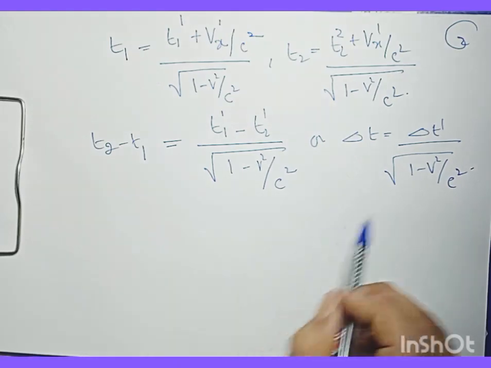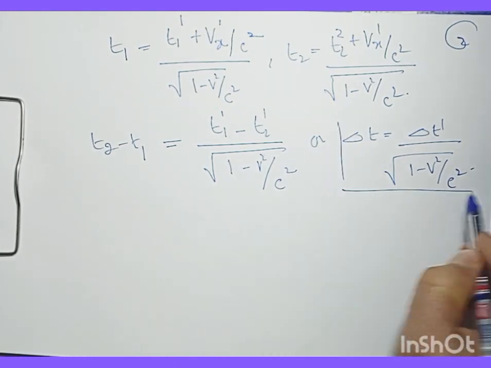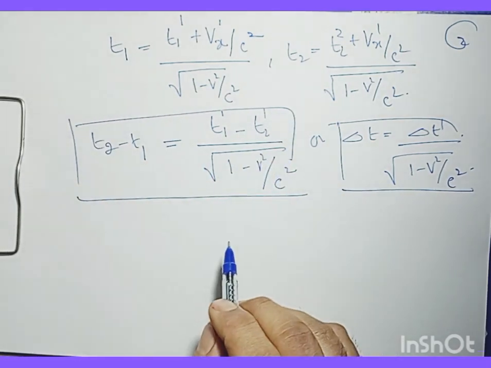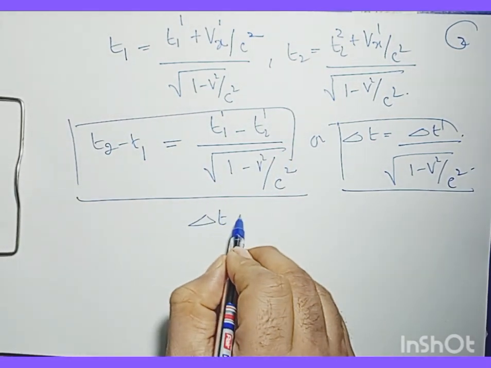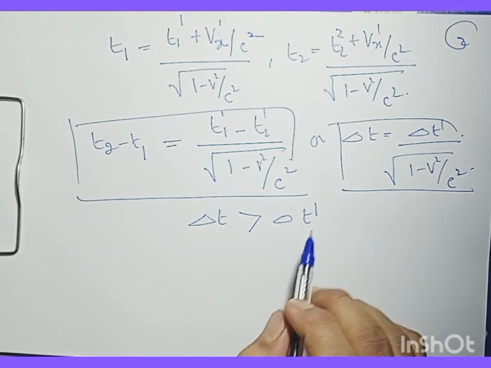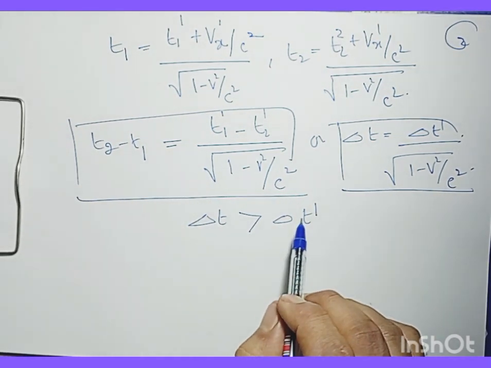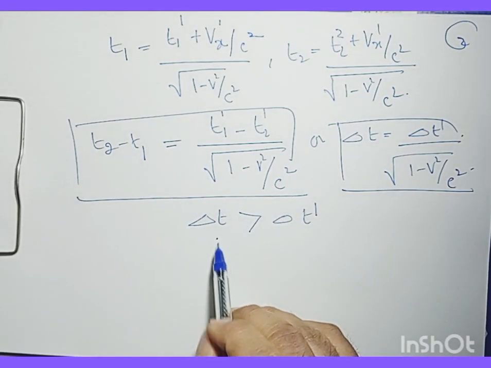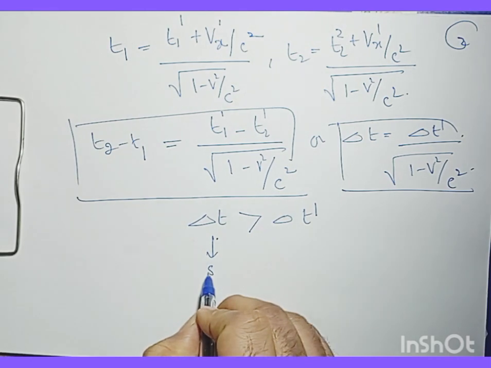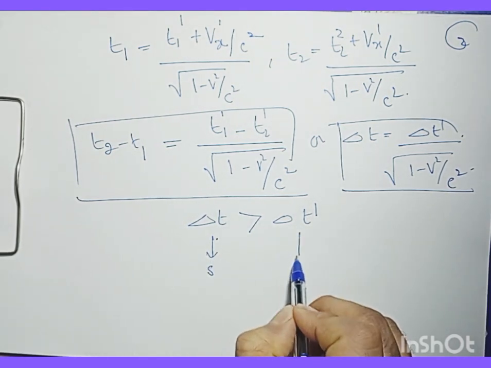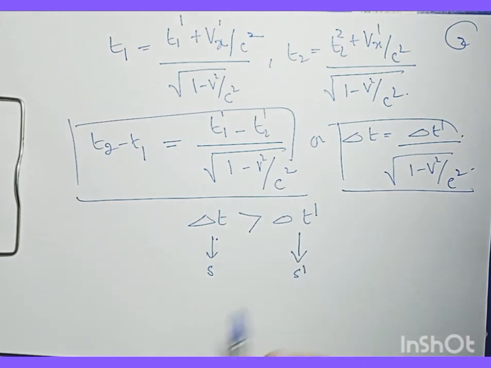Now, from this equation, it's clear that delta T is greater than delta T dash. Or I should say that the time recorded in the stationary frame of reference, S, is more than the time recorded in the moving frame, S dash.